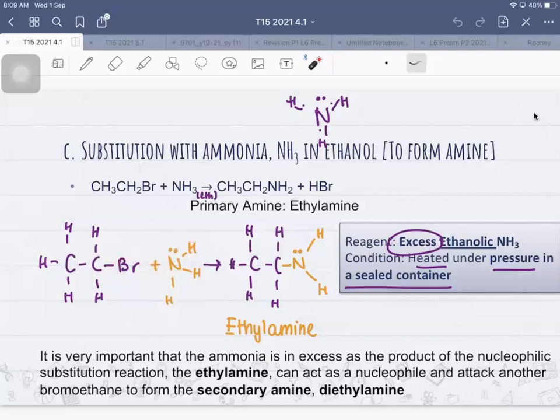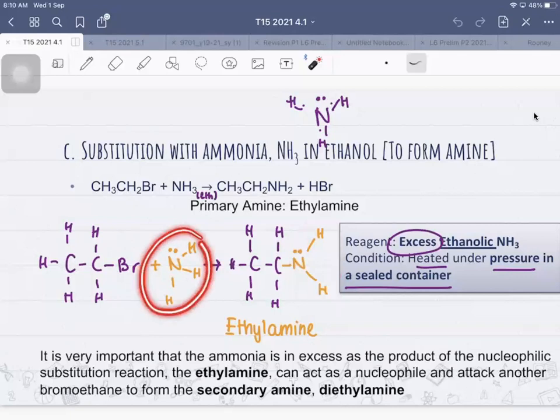Even though ammonia started with 3 hydrogens, in the product, please take note that you only have 2 hydrogens left. This is what we call an amine group, an NH2 attached to an alkyl group.